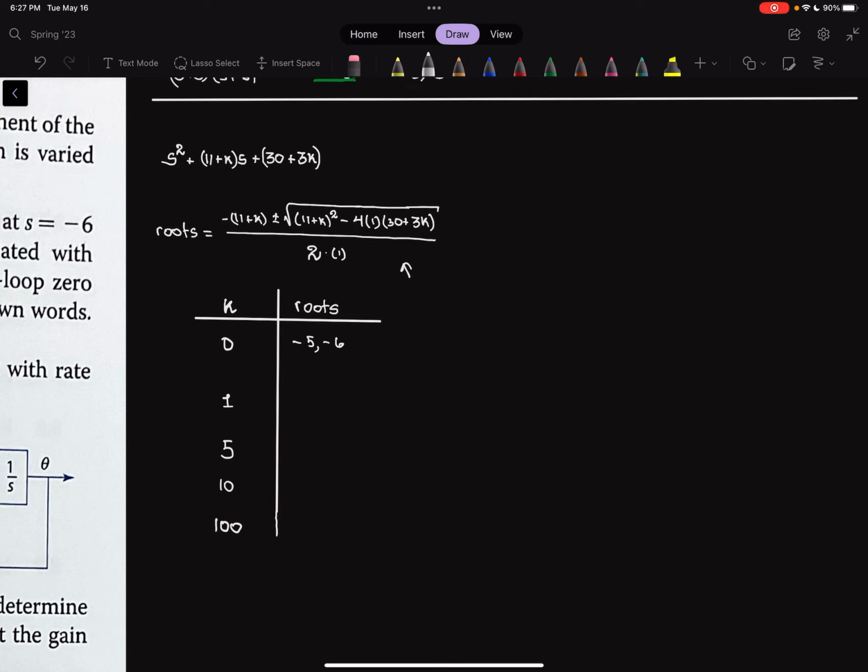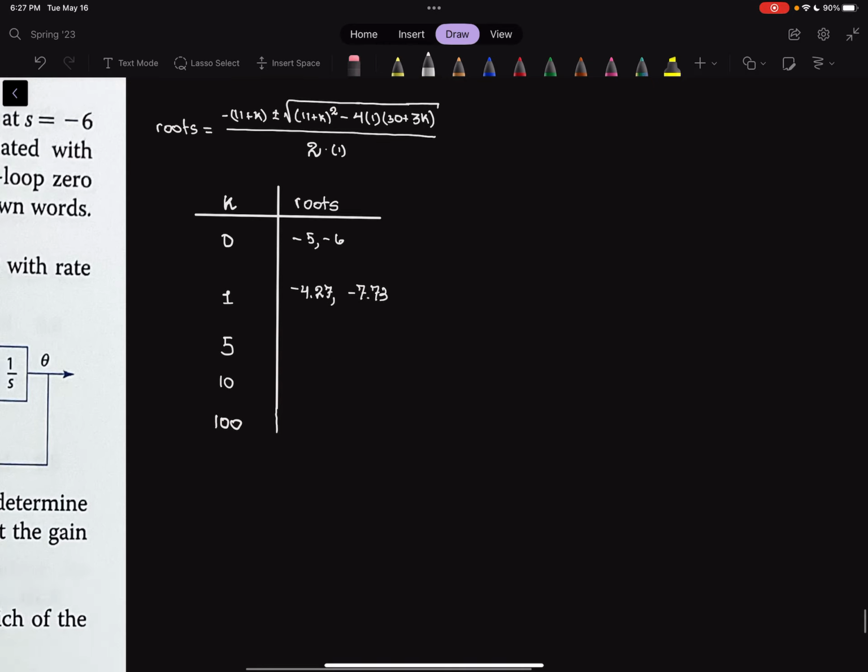If you define a function and just evaluate it at each point, that would be way faster. With the plus, we get negative 4.27, and with the minus, negative 7.73.